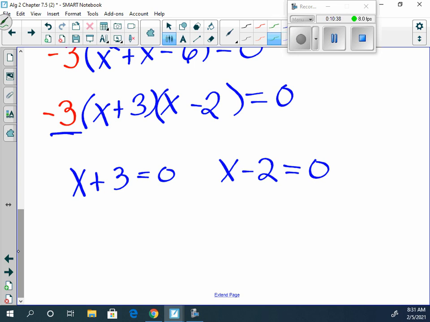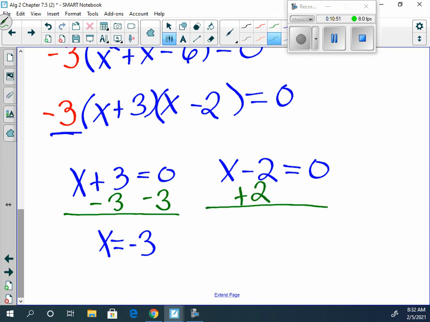If we solve them, the x plus 3, we would subtract 3, so x is equal to negative 3. Here we would add 2, so x is equal to 2.